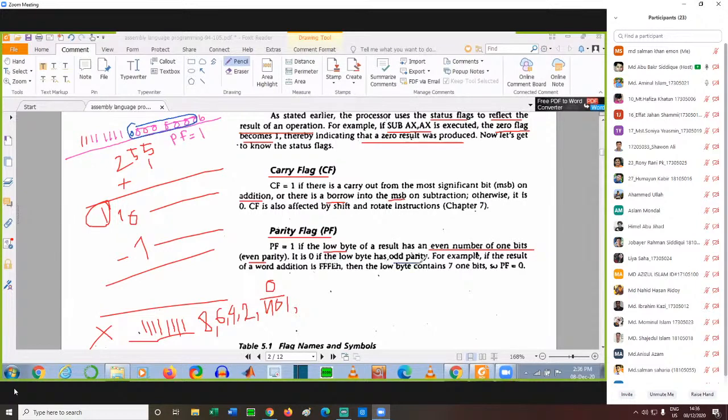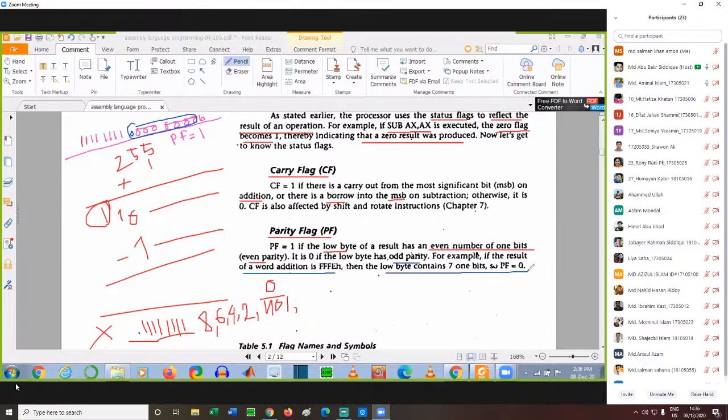Odd parity means if there are one 1, three 1s, five 1s, seven 1s, then PF equal 0. That is the odd parity. For example, they have given an example here. If the result of a word addition is FFFE, then low byte contains seven 1 bits, so PF equals 0.